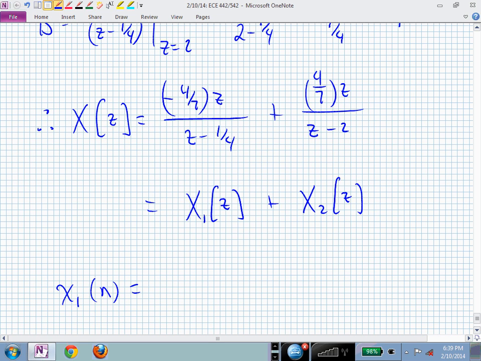That's just r to the n, and we know how it's scaled, by minus 4/7. So we have minus 4/7 times r, which is 1/4, to the n. And what do we know about that mode, 1/4 to the n? The region of convergence was exterior to that, so this was the causal piece. X sub 2 of n.